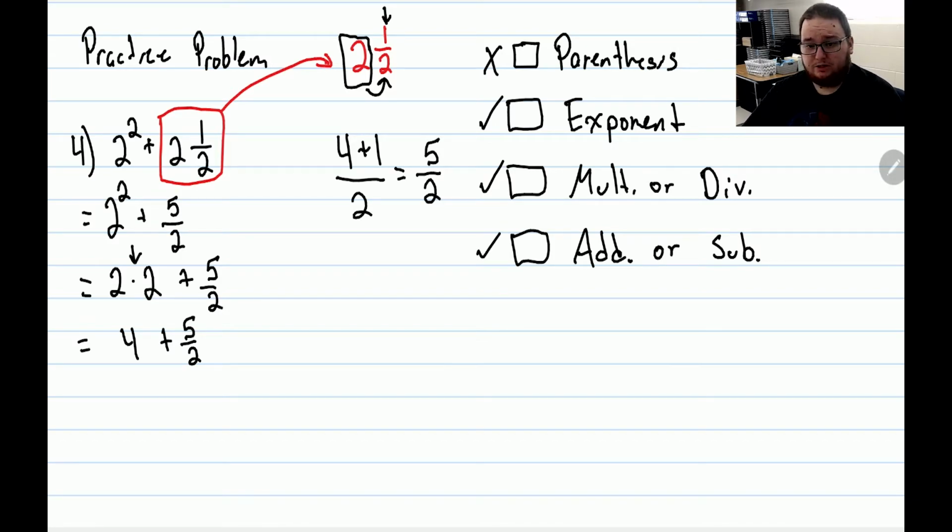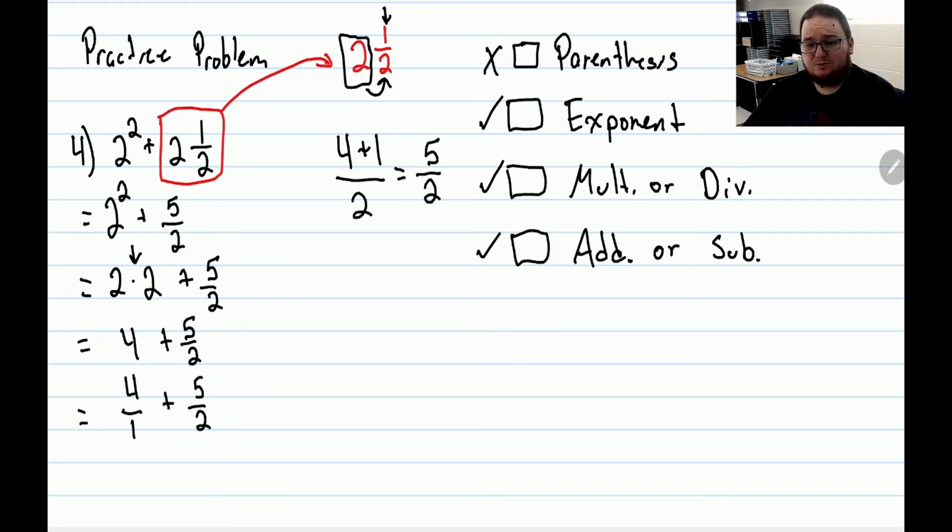In this case, we do have addition, but you might be thinking, well, how do I add a whole number to a fraction? Well, what we need to do is change that whole number into a fraction. So the way we do that is we rewrite it as 4 divided by 1, and then we're going to add 5 halves to this.